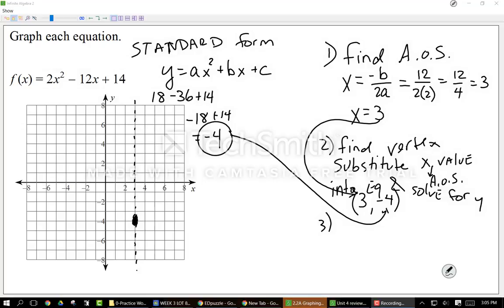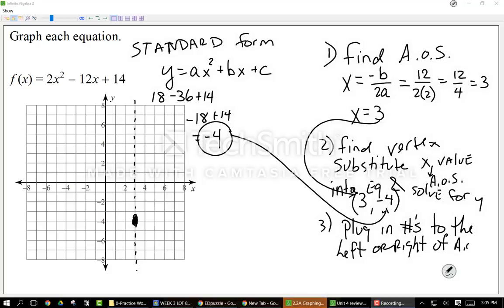So let's do that. Again, we're going to plug in numbers to the left or right of the AOS. I'm going to plug in 2 because 2 is to the left and it's smaller. You can very well plug in 4, but I'm going to plug in 2 because it's smaller.